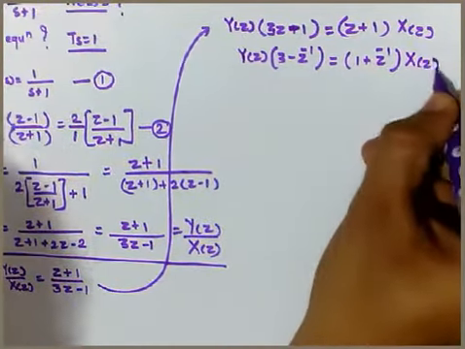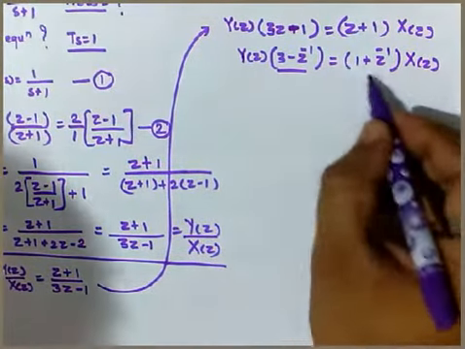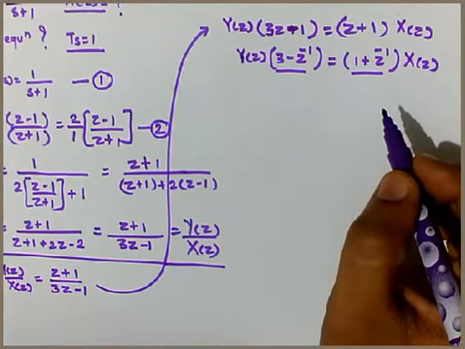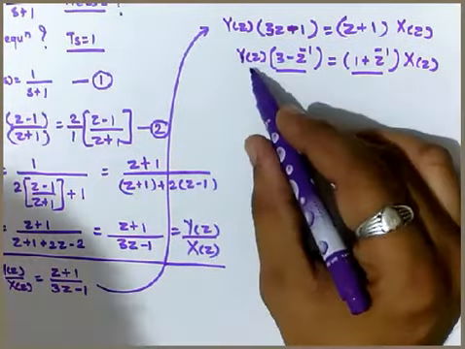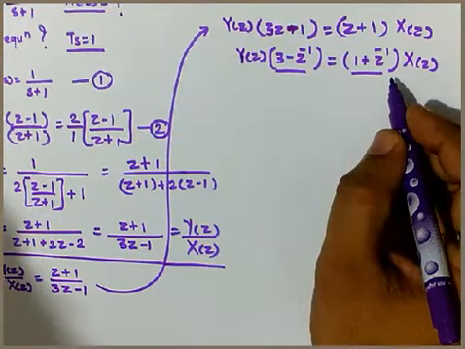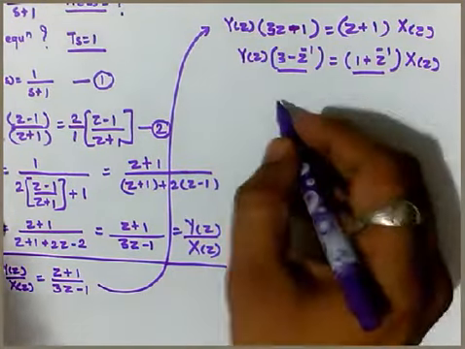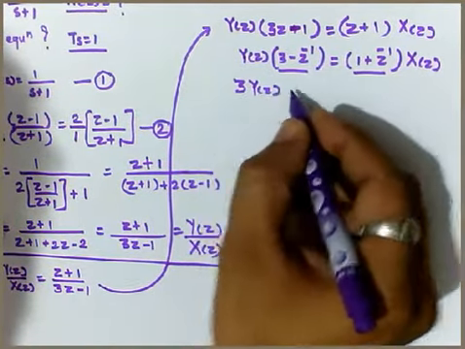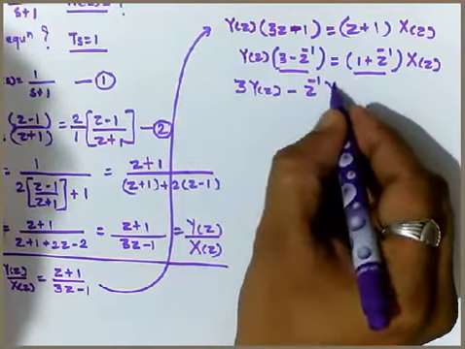In the same way, this will be nothing but y of n minus 1 by taking the inverse z transform. So this x of z will be nothing but x of n plus x of n minus 1.